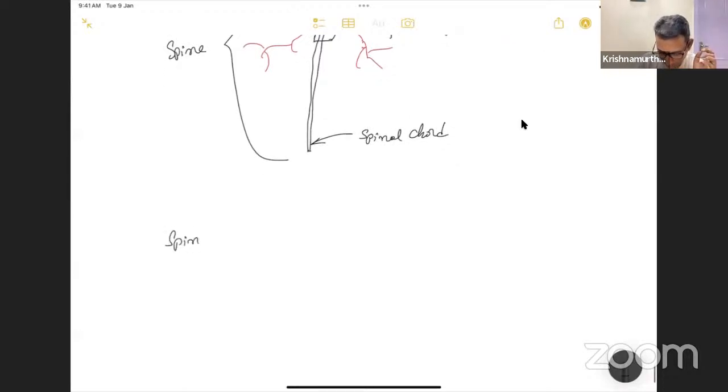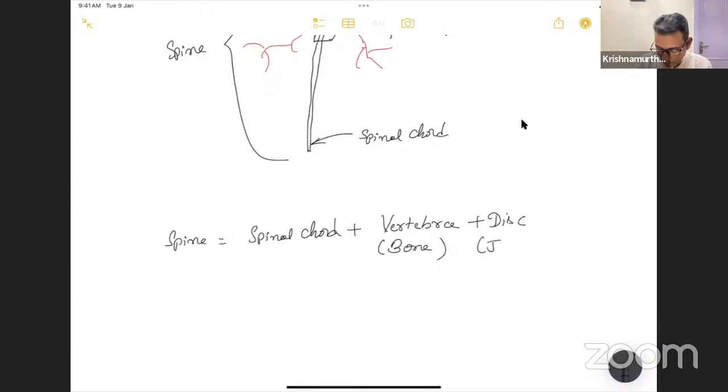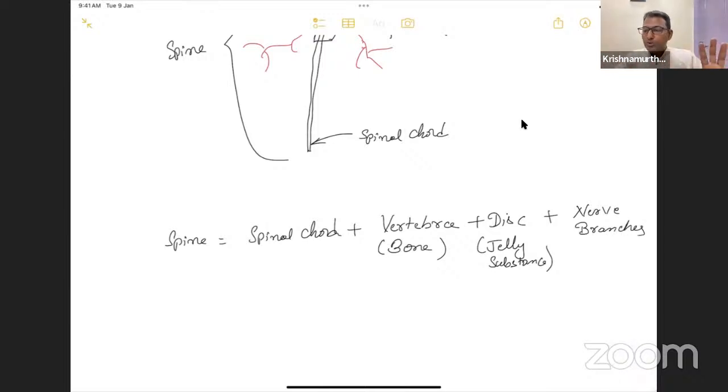Spine is equal to spinal cord plus vertebra, which is bone, plus disc, which is jelly substance, plus the nerve branches. Whenever we say spine, all of this is present.